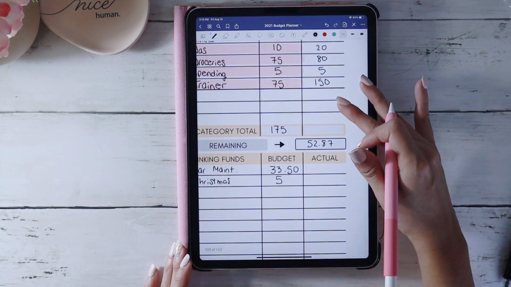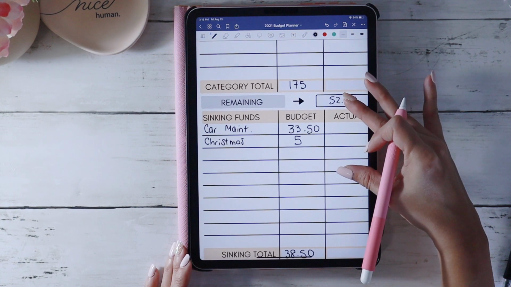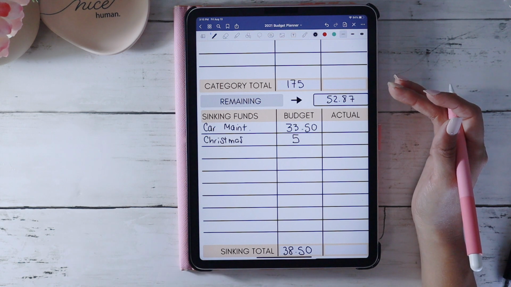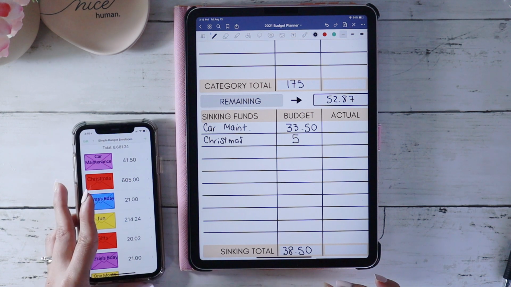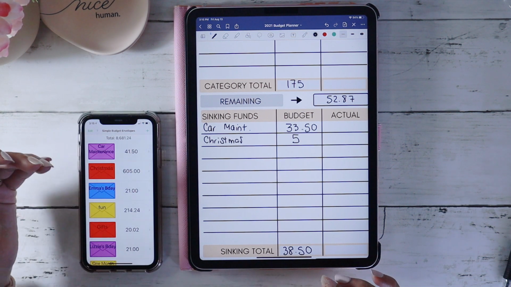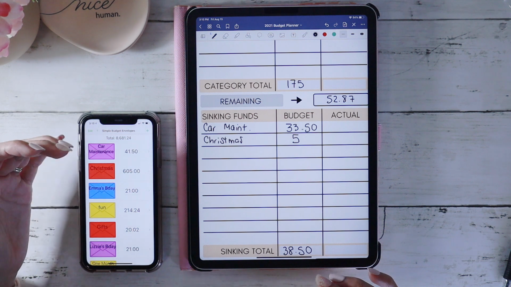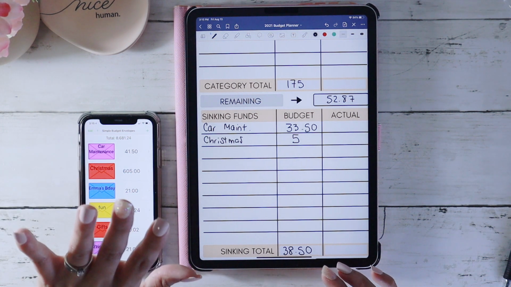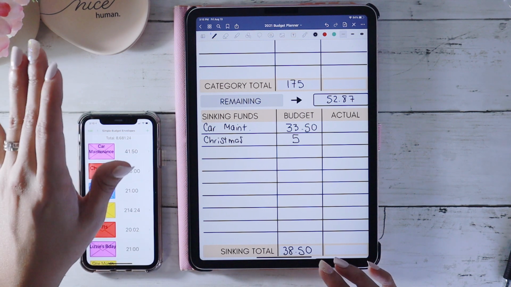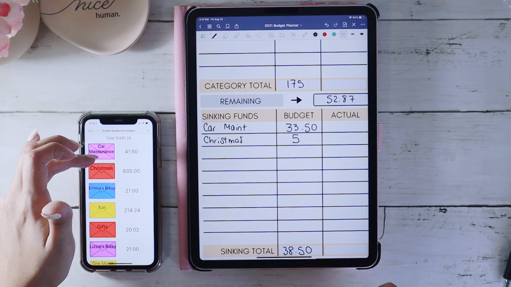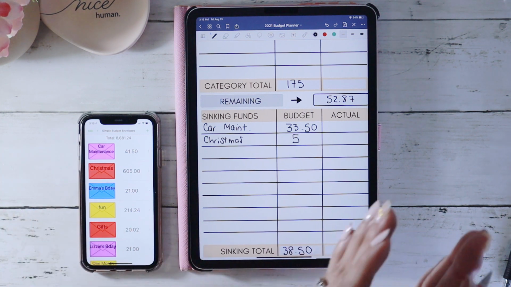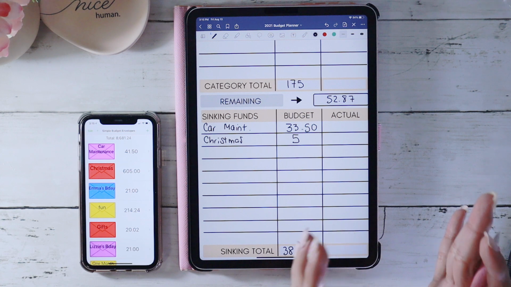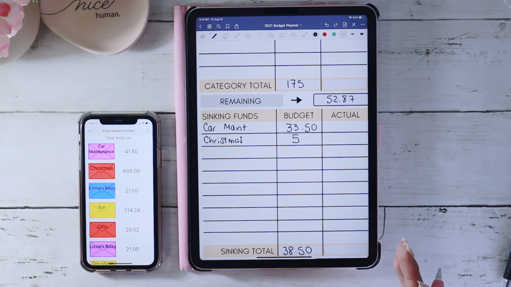That's completed. Now we have these sinking funds, and these are the ones that are on our online bank. And how we track these is through another app. It's called the Simple Budget Envelope app. Again, what we do with this is we have our money for our sinking funds in one specific savings account, and then this is how we break it down so that we know what is supposed to be for this particular savings category.